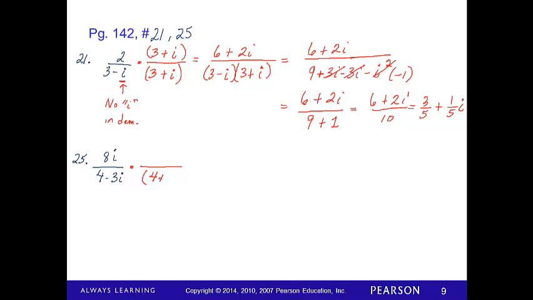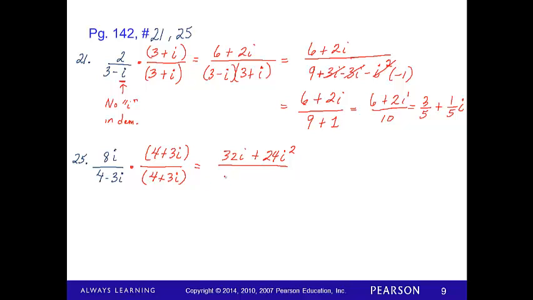So that becomes 4 plus 3i over 4 plus 3i. And just like before, let's go ahead and multiply it out. So 8i times 4 is 32i. 8i times 3i is plus 24i squared.